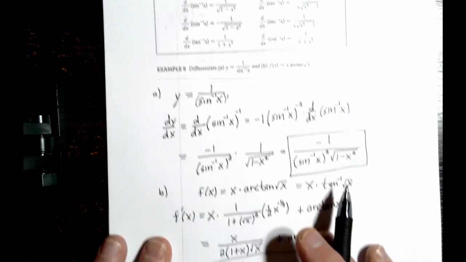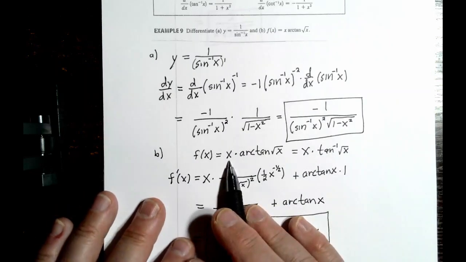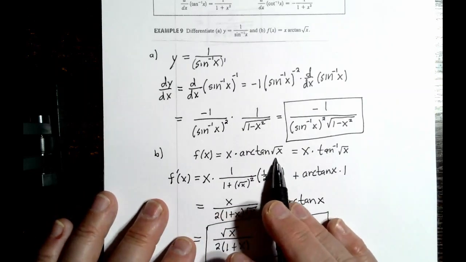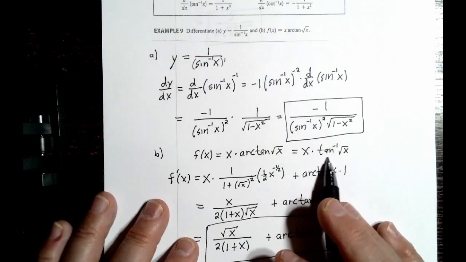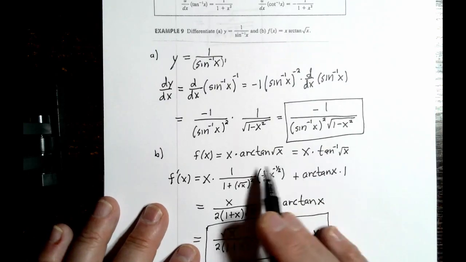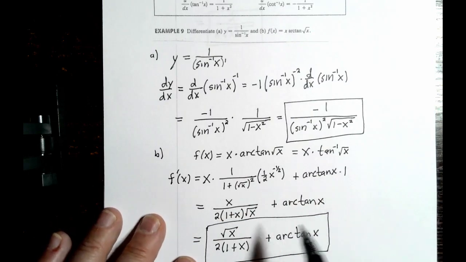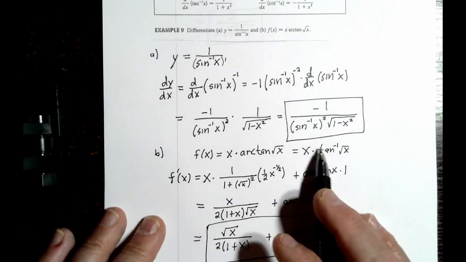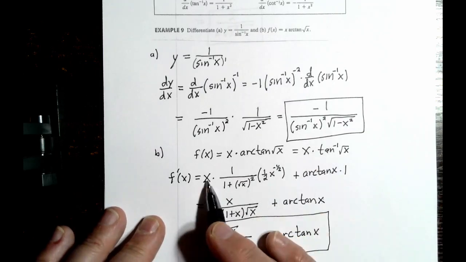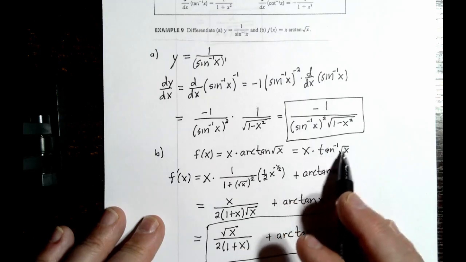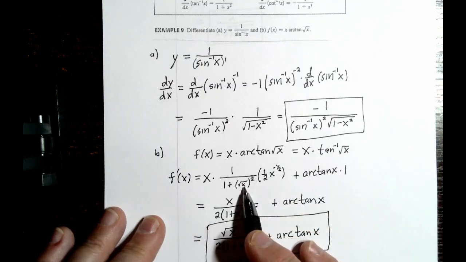Now what is, if f equals x arctan square root of x, that's x tan inverse of square root of x. Arctan and tan inverse mean the same thing. So how do you take the derivative of this? You got to use the product rule. So you get the first guy times the derivative of that, which we know is 1 over 1 plus x squared.